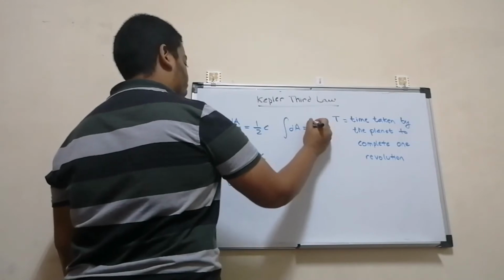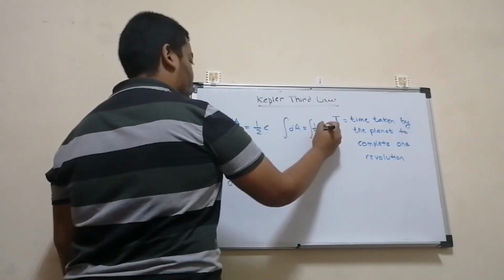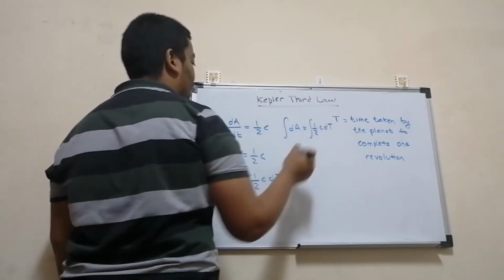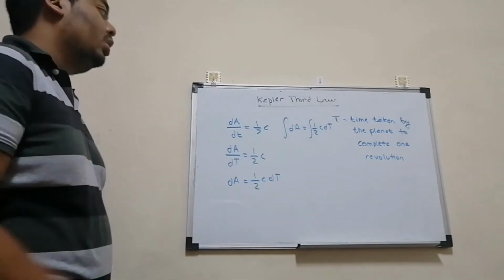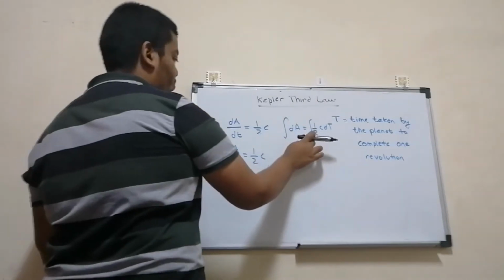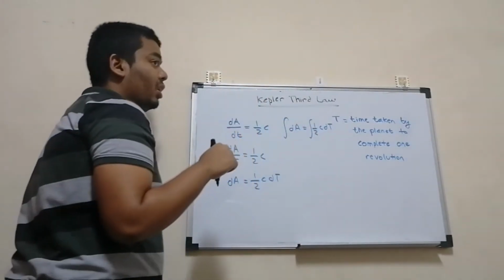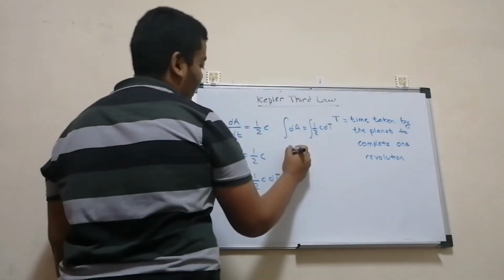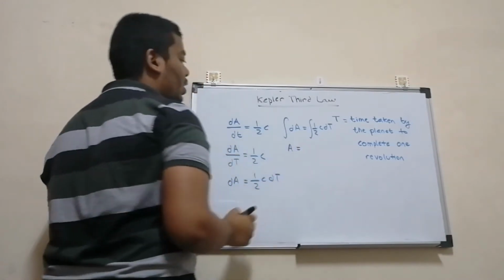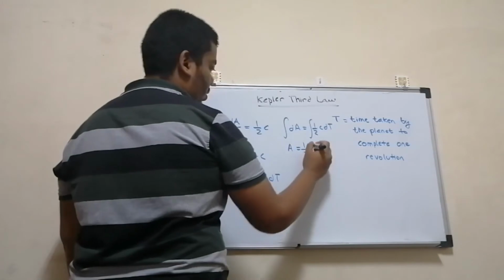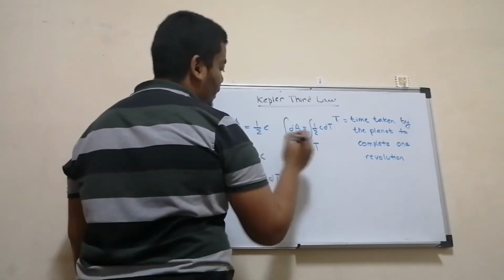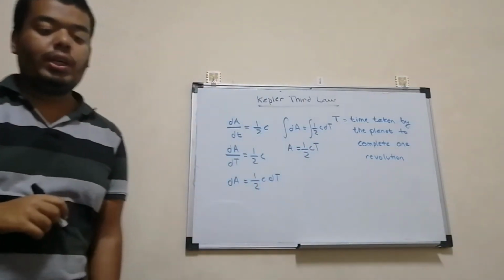Remember this integration does have limits because it's a complete cycle. We know where it's starting, we know where it's ending, so it will be A is equal to 1 upon 2 cT. Perfect.